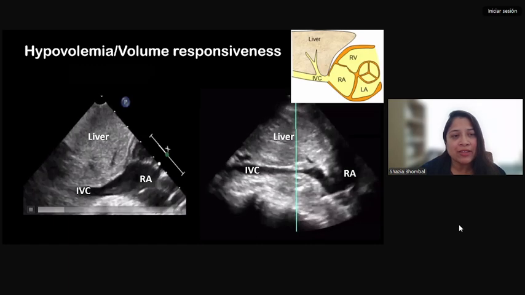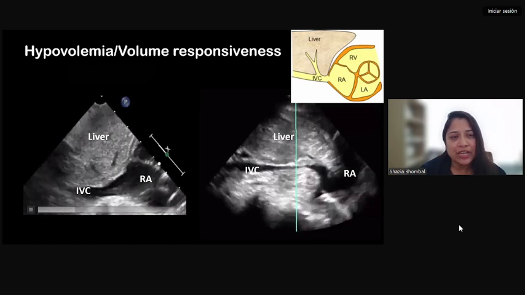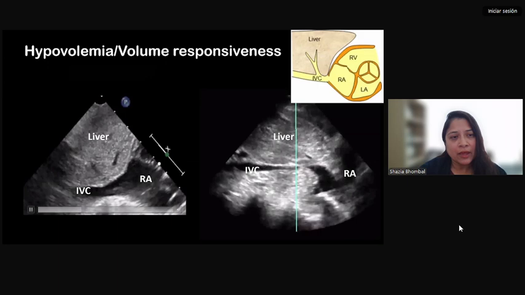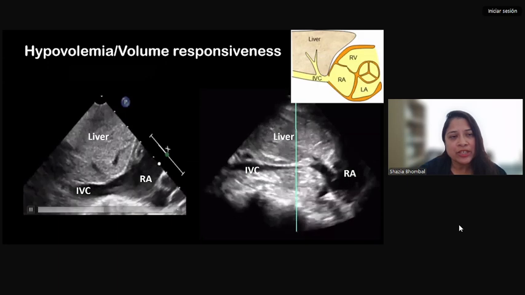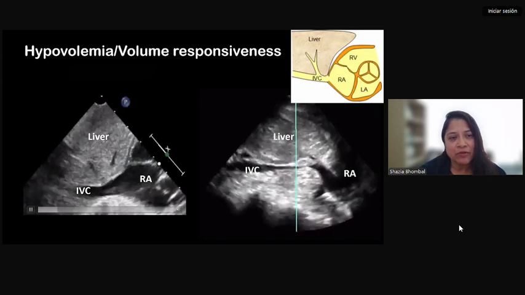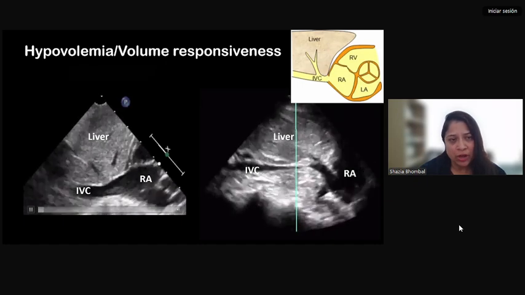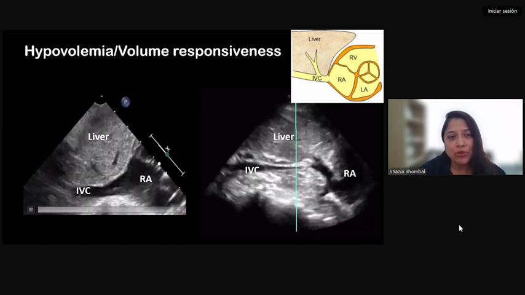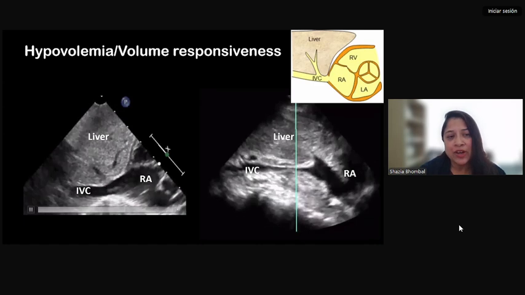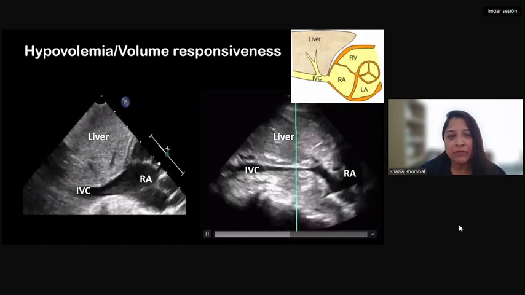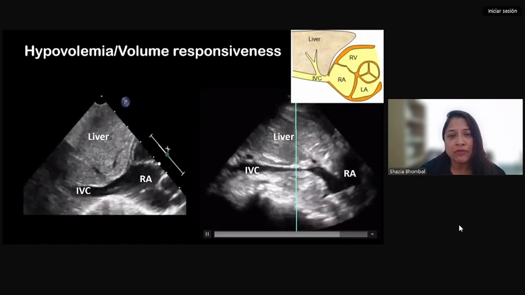What you're looking at is to see, do you have a variation in IVC diameter? In certain situations, if you have an increased RV afterload, that may be patients with pulmonary hypertension, may be patients on positive pressure ventilation, you may not see much of a change in your IVC. If you do, then it may be indicative that you have a need for volume.